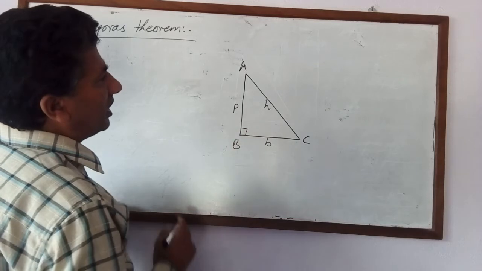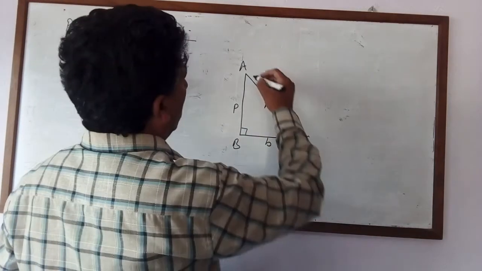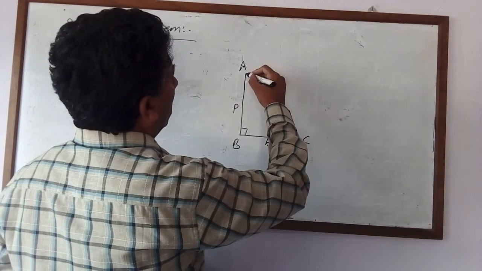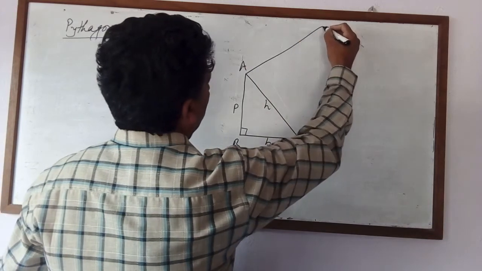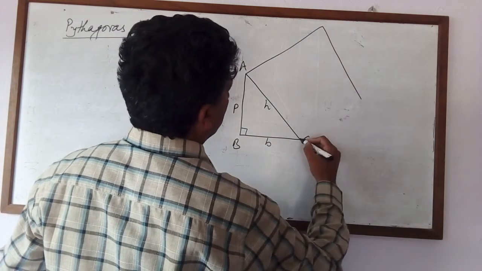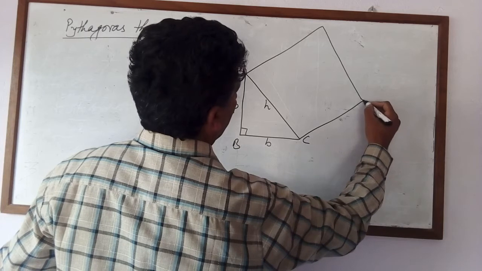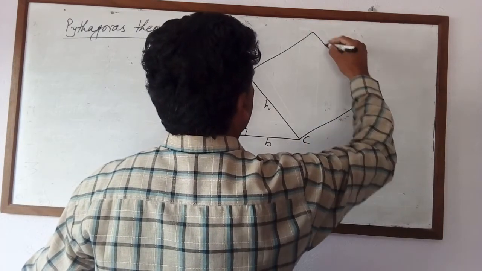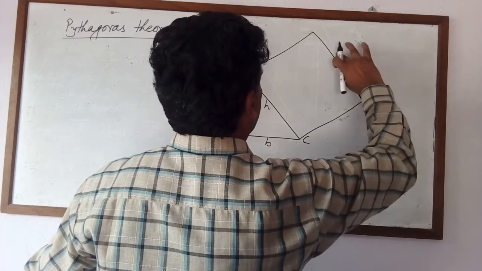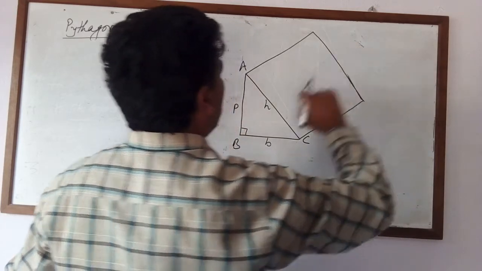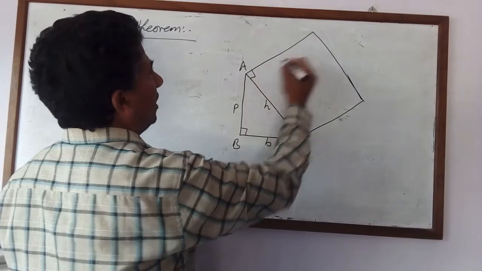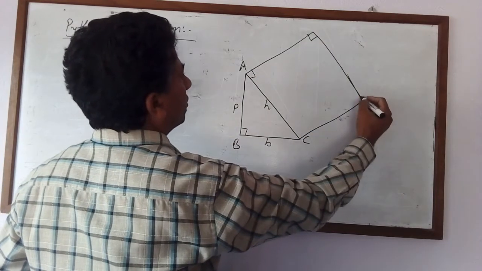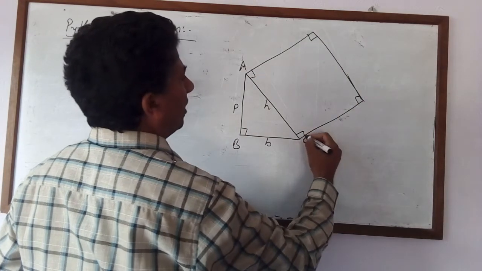Now in this right angle triangle, H square, I'll make a square here. Suppose this one is a square. I made a square here. Suppose this angle is 90 degrees, this also 90, this also 90.